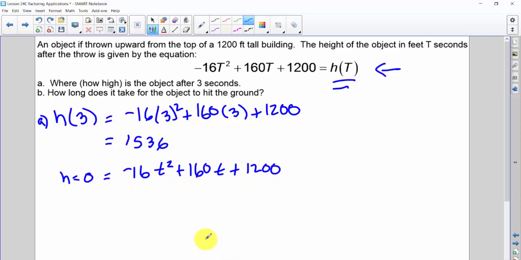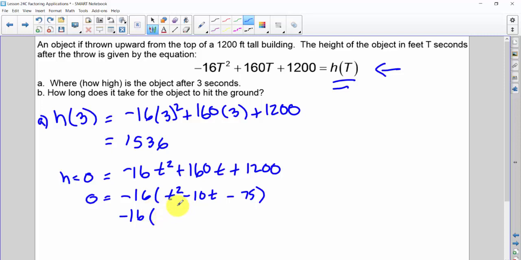So this is going to take a factoring. Fortunately, 16 goes into each one of these. I'm going to pull out a negative because I hate factoring with a negative leading coefficient. That gives me t squared minus 10t, and that's minus 75. So now I have to find two things that multiply to 75, add to 10.